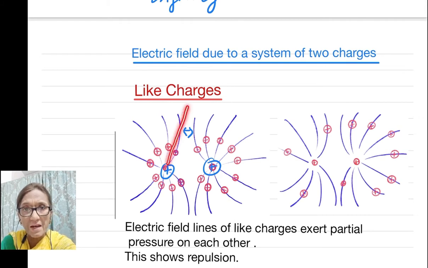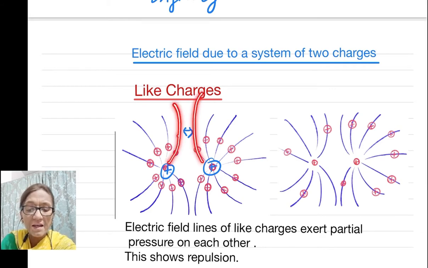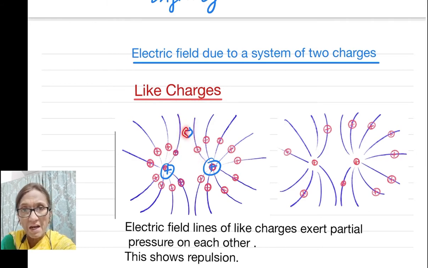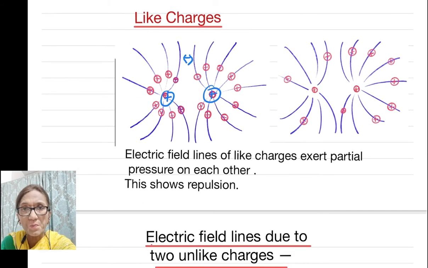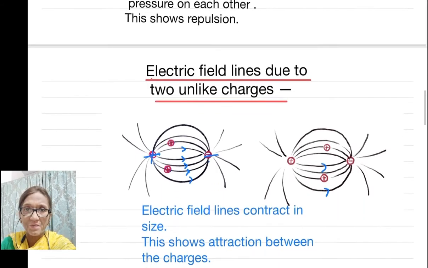You will find that these electric field lines are not straight. There is some pressure in between the two electric field lines. There is lateral pressure, and this lateral pressure suggests that they are repelling each other. In between the like charges, you have repulsion.